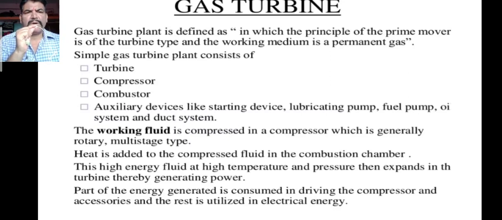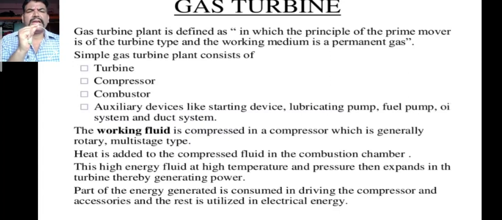A simple gas turbine plant consists of a turbine, compressor, combustor, also called the combustion chamber, and auxiliary devices like the lubricating pump, fuel pump, starting system and duct systems. The working fluid is compressed in a compressor, which is generally a rotary or multi-stage type.